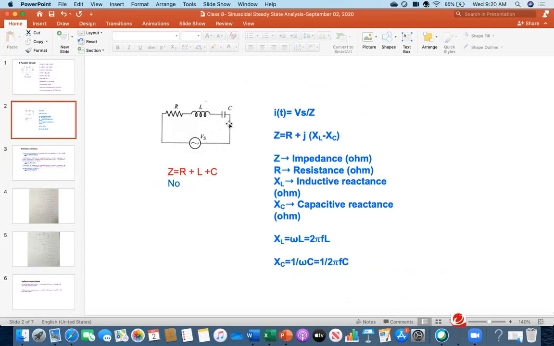In case of series circuit, this was the expression. R was the resistance, you all know. But what was XL? XL was inductive reactance and the unit was ohm. What was XC? Capacitive reactance. So in case of series circuit, you will be using the term reactance, and the combined effect is impedance.